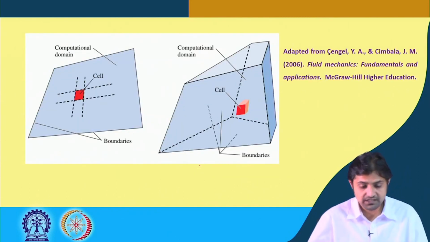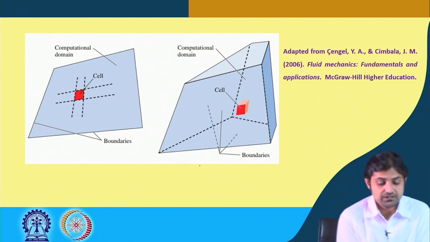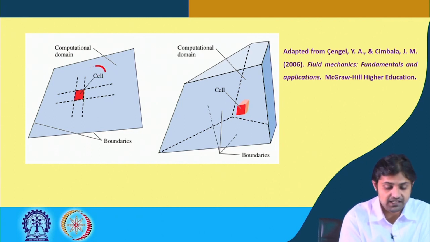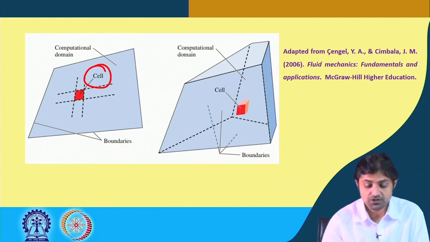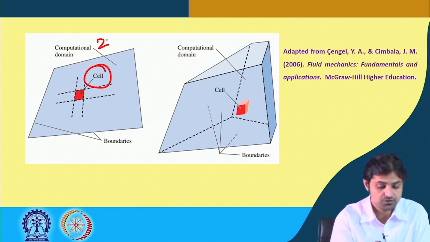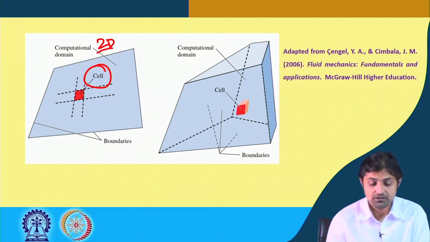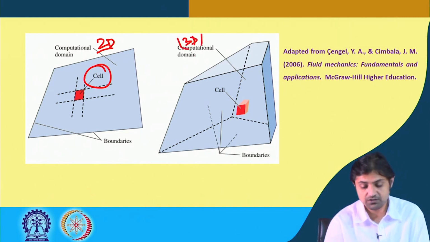So, this is an example where you see it is a 2D domain and therefore, this is a cell. In the computational domain it is 2D. This is a 3-dimensional computational domain, and you see these are like volumes.